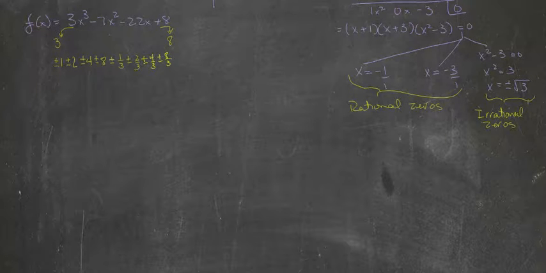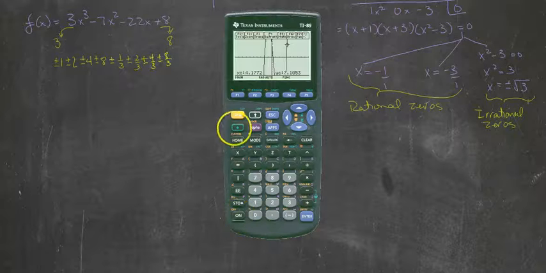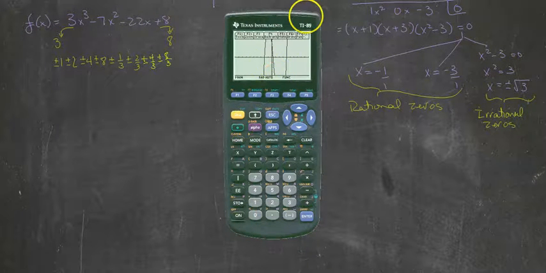Well, one way is to open up a graphing utility, and I've already set this up with this graph. You can see that the function in my calculator is exactly the same function as on the notes. And if I graph this, I see the function here.